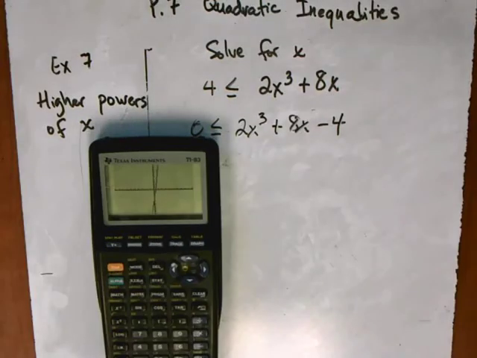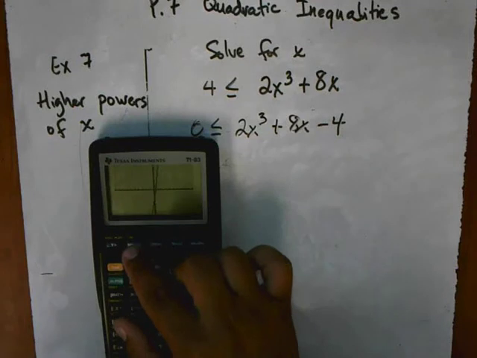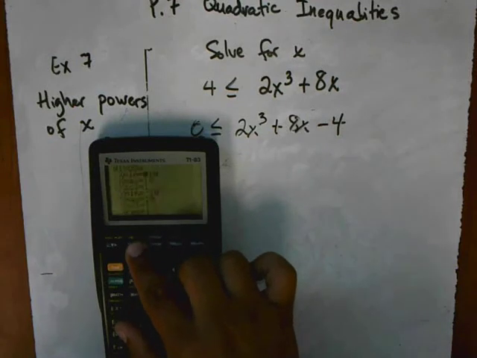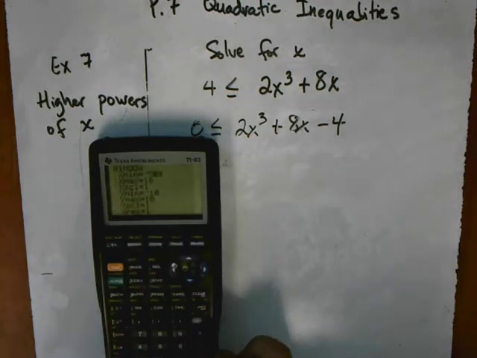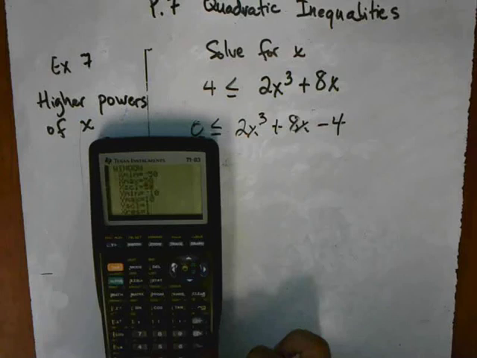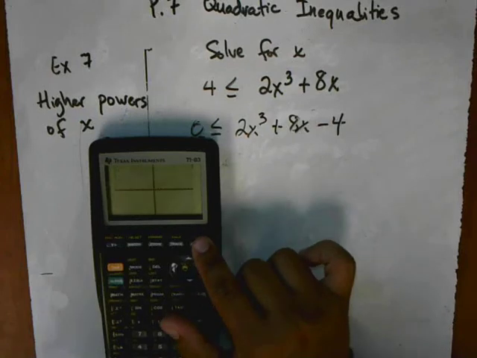Nope. And our question is, where is this graph going to cross over the x-axis? I'm going to zoom out just a little bit more, so I can feel a little more assured that I'm not missing anything.